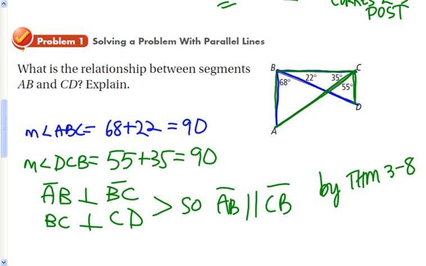I think we're going to nickname this the perpendicular times 2 equals parallel theorem.